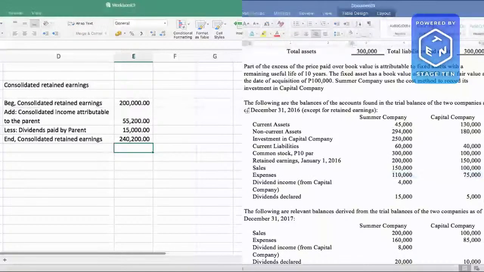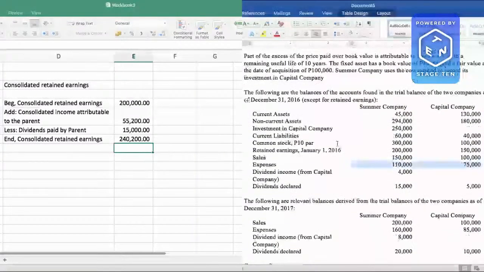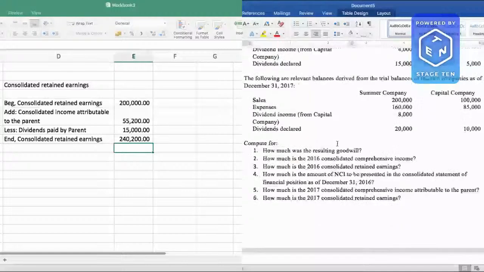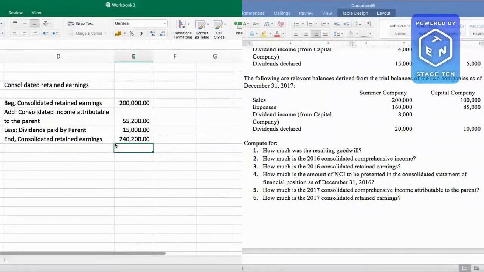Now let's go back to the questions in the problem. After the 2016 consolidated retained earnings, how much is the amount of NCI to be presented in the consolidated statement of financial position? This is now the one I was talking to you about, class, wherein the NCI account should also reflect the profits and the distribution of profit by the subsidiary.